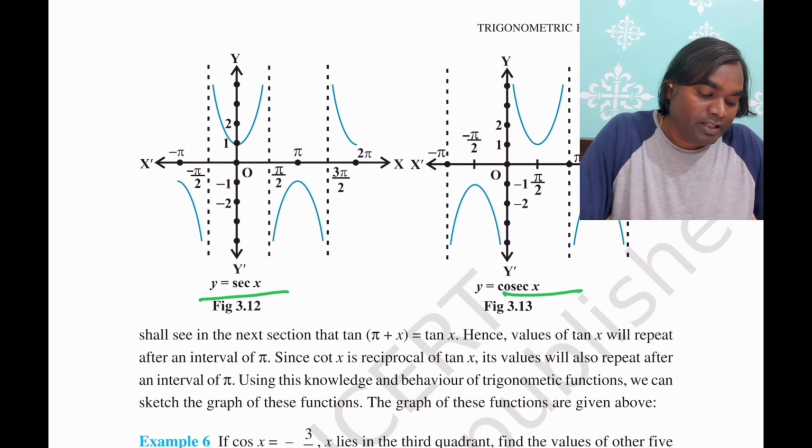When the value for x is equal to 0, the sec x value becomes 1, and when it is increasing from 0 to pi by 2, the sec x value goes towards the infinite on both sides.